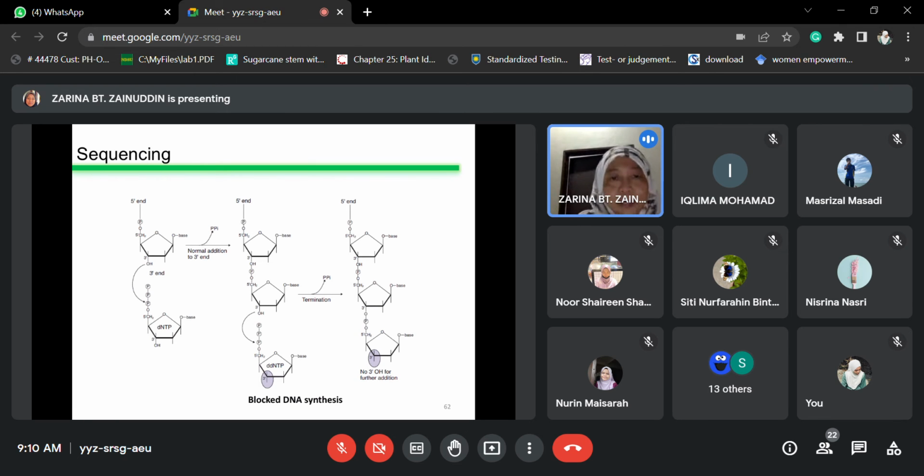So imagine, this is the normal DNA synthesis with dNTP, which has a hydroxyl group. But if ddNTP, dideoxy-NTP, is added to the growing chain, it will block the DNA synthesis because it has no 3' hydroxyl for further addition of nucleotides. Okay, clear?